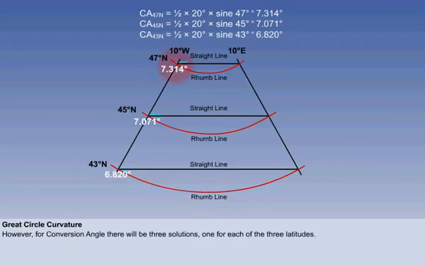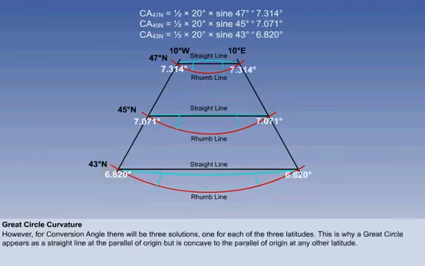At 47 north, it is about 7.3 degrees. At 45 north, the parallel of origin, it is 7.071 degrees, the same as the straight line. And at 43 north, it is about 6.8 degrees. Now let's also plot these angles in from the right-hand end, and draw the great circles joining them.